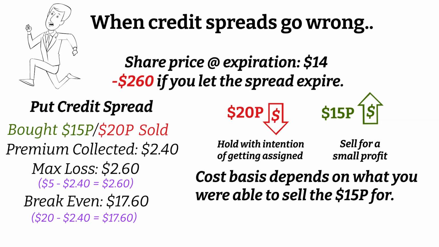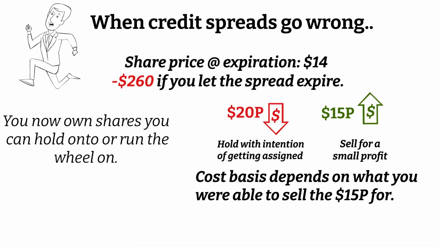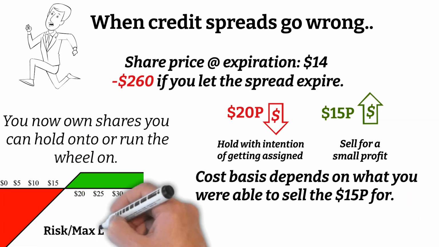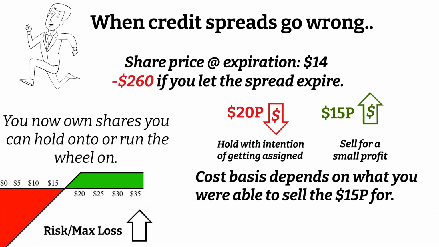You could hold on to the shares waiting for a rebound, or even sell covered calls against them to run the wheel. Keep in mind, since your $20 put no longer has a cap, you just dramatically increased your risk and maximum loss potential on the trade, but you also have the benefit of owning equity in the company, which you would not have had if you let the spread expire.